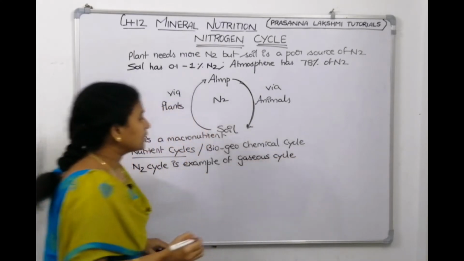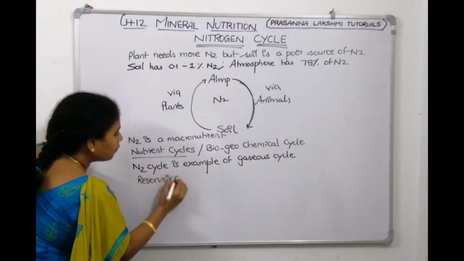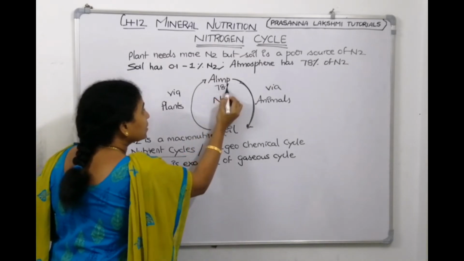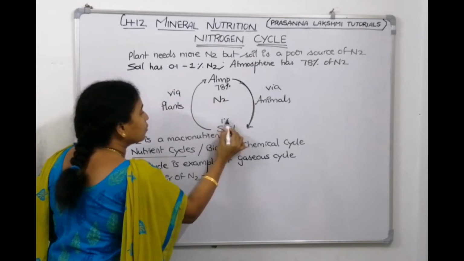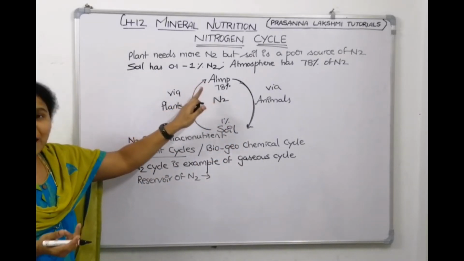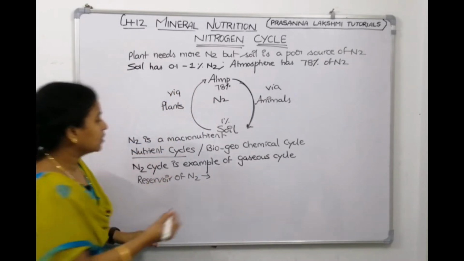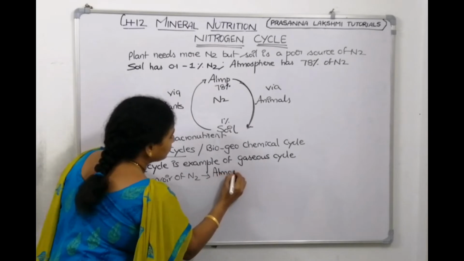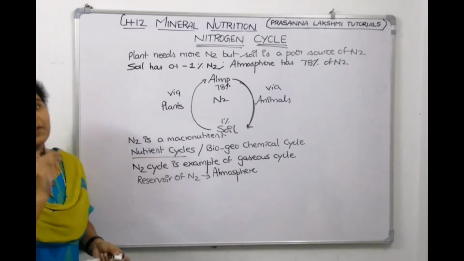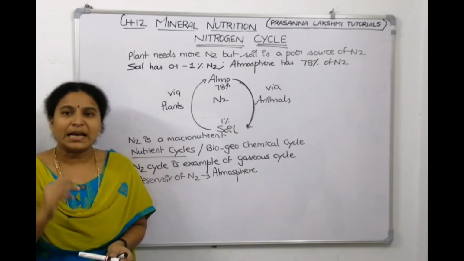Now for a gaseous cycle, what is the reservoir? You already know that 78% of nitrogen is present in the atmosphere and soil contains only 1%. So the atmosphere will be the reservoir. For gaseous cycles, the reservoir is the atmosphere, because nitrogen is present in the gaseous state.